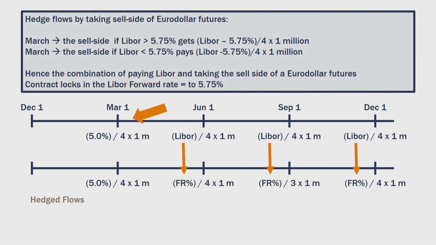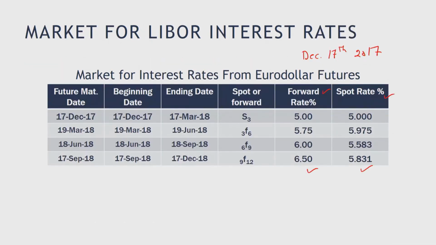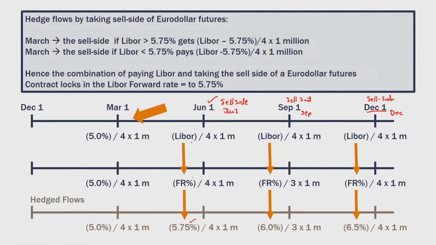And let me just go back and remember what those rates are. So the rates I would lock in are 5%, 5.75%, 6%, 6.5%. And so I go back over here, and we can see the rates I've locked in: 5%, 5.75%, 6%.